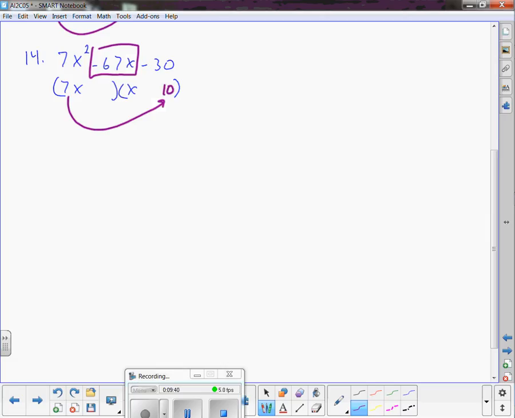If I stick a 10 there, isn't that a 70? Is the 67 positive or negative? It's negative. So let's start out with a negative 70. What else gives you this negative 30? This has to then be a positive 3, and lo and behold, 70 negatives and 3 positives gives you 67 negatives. That's it. I'm done.